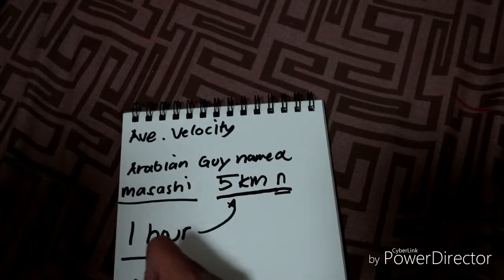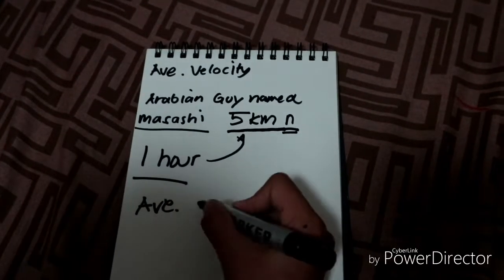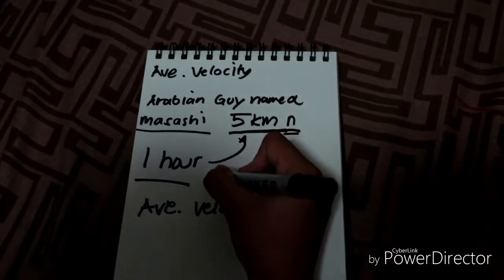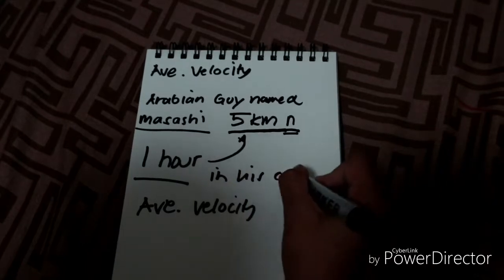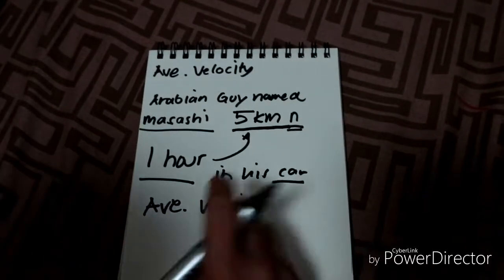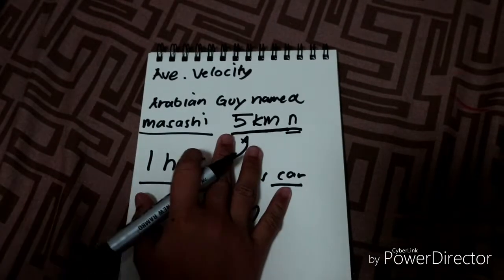The question is, what would be the average velocity? So 1 hour in his car, because it's unbelievable if you walk. What is the average velocity of Masashi?